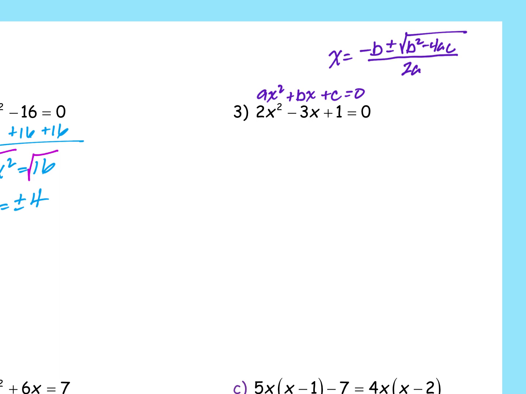Okay? So I'm just going to take a, b, and c. I'm going to write down what a, b, and c are, and then I'm going to substitute them into the formula and simplify it. Does that make sense?